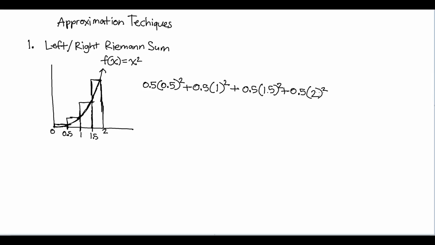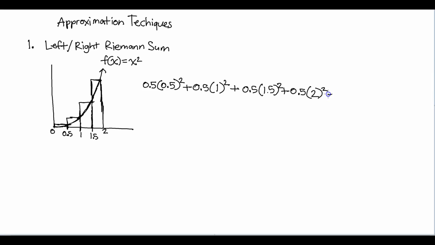Okay? So let's plug this into a calculator. Usually these problems are calculator questions. So I have 0.5 times 0.5 squared plus 0.5 times 1 squared plus 0.5 times 1.5 squared plus 0.5 times 2 squared. Okay, so what does that evaluate to? We get 3.75.